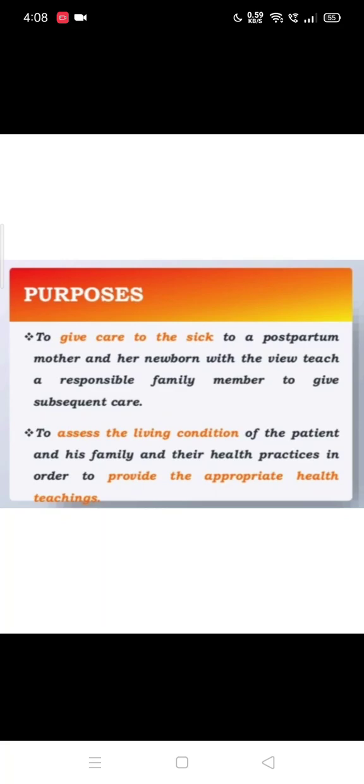The next is to assess the living conditions of the patient, as well as his family and their health practices, in order to provide the appropriate health teaching.